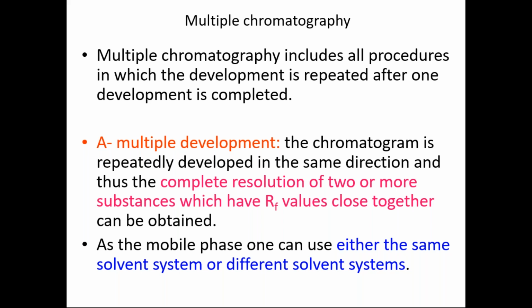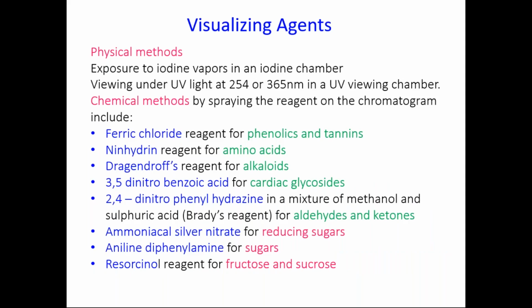So here one can use either the same solvent system, or you can use a different solvent system. So once the paper has been developed, by either of these techniques, you need to visualize or detect the analytes.